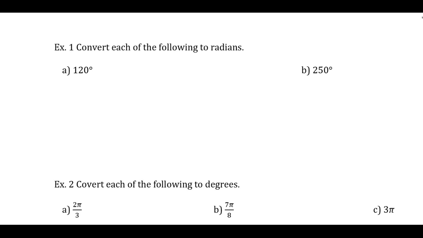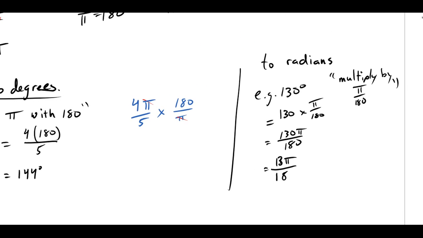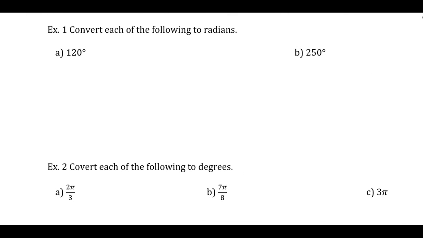So how do we do this one? 120. I'm converting to radians, so I multiply by pi and divide by 180. So this is 120 pi over 180.